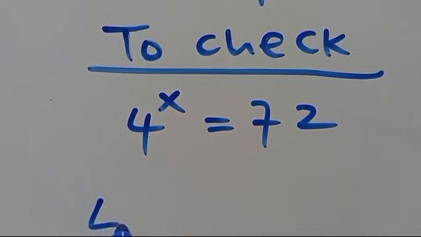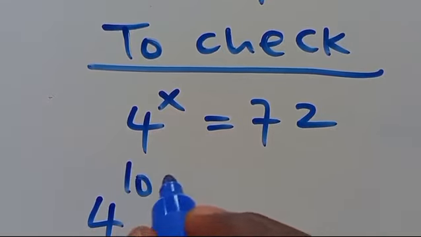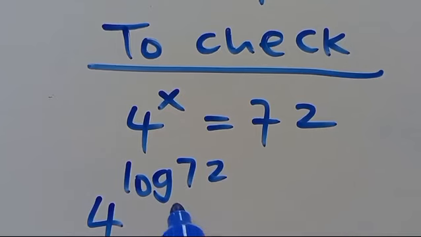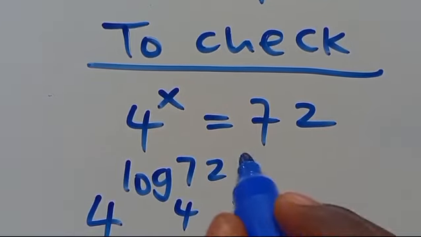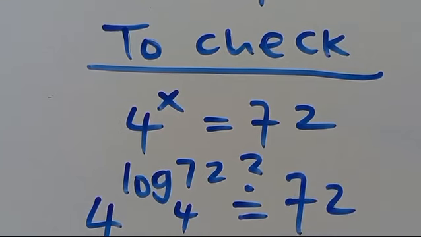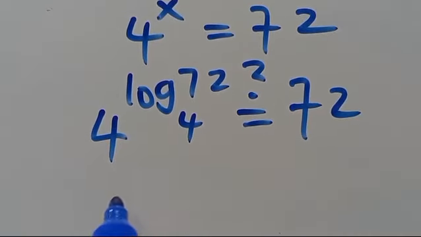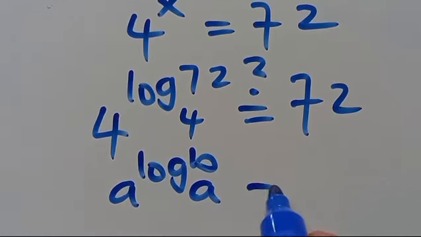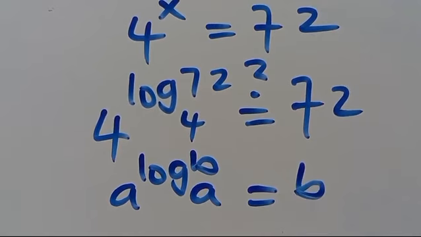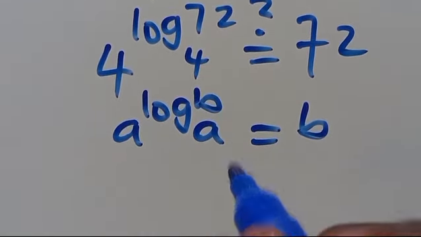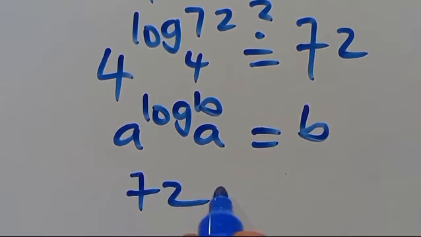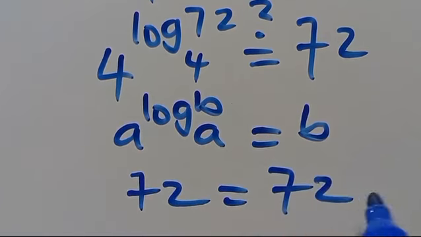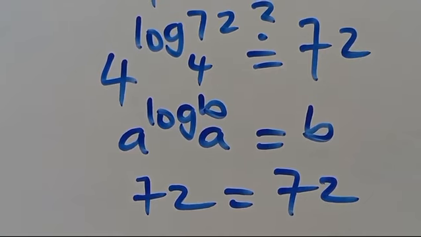So 4 to the power of log 72 in base 4 is going to give us 72. Let us recall, when we have a to the power of log b in base a, this will equal b. Applying it here, we have 72 equals 72.